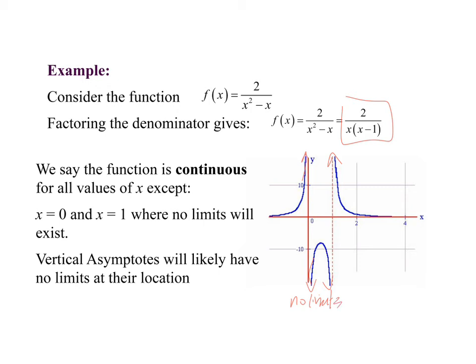So at both of those two locations, if the question was asking for the limit as x approaches 0 or the limit as x approaches 1, we would say for both of them no limit, or does not exist. Okay, and you can see graphically that's telling us that we have a vertical asymptote. So it kind of ties everything that you already learned together and connects it with the limits as well.